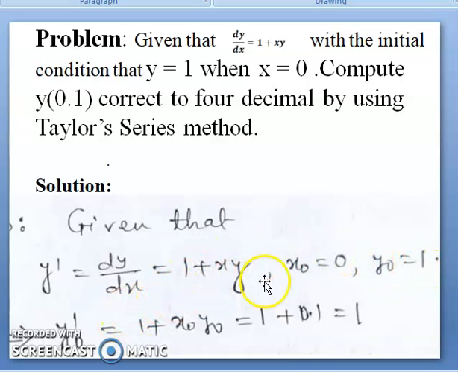Therefore, on substituting the initial values x0, y0, we get y0 dash equal to 1 plus x0 y0, that means 1 plus 0 into 1, that is 1. So we get y0 dash equal to 1 after substituting the values of x0 and y0.